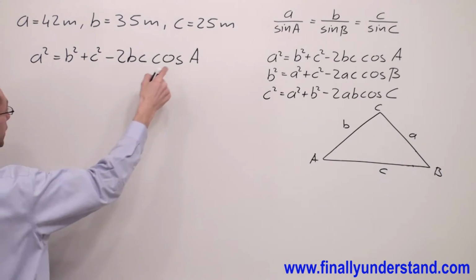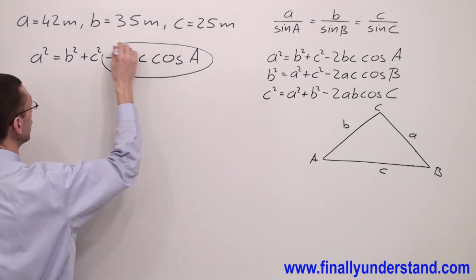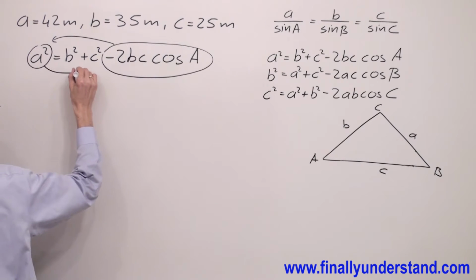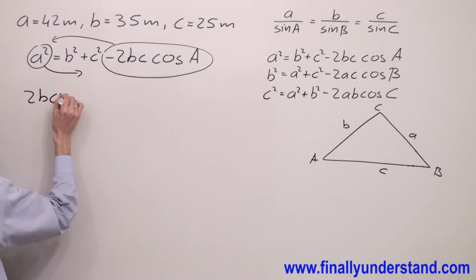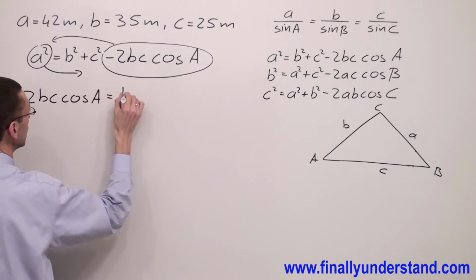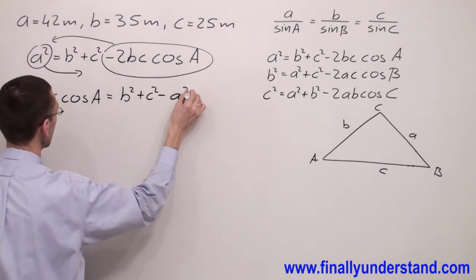In order to find angle A, I'm supposed to move this part of my formula to the left side, and A square is supposed to be moved to the right side. So I have 2BC cosine of angle A is equal B square plus C square minus A square.